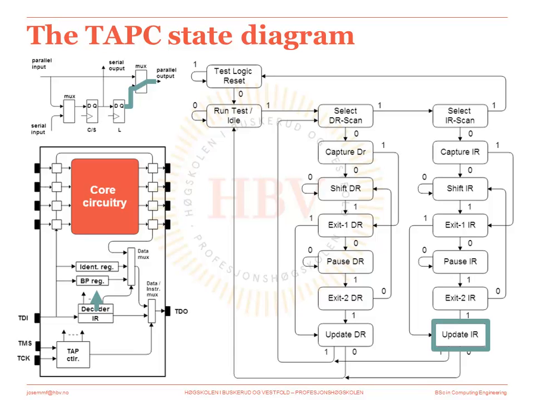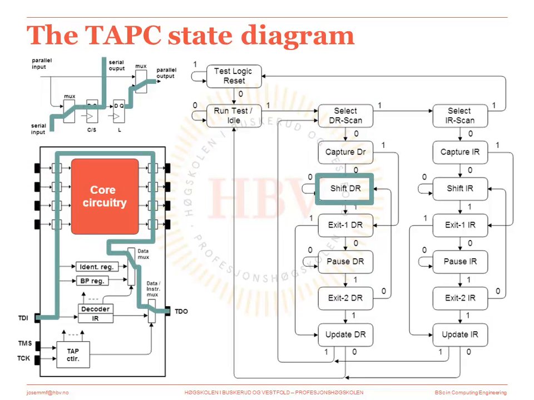We are now able to send in test vectors to the boundary scan register, and in order to do so we have to go into the so-called shift data register state. Notice that the states for the data registers are similar to the states for the instruction register. So in this case the easiest way is to drive a 1 and then a 0 and another 0, and we have gone into the shift data register state.